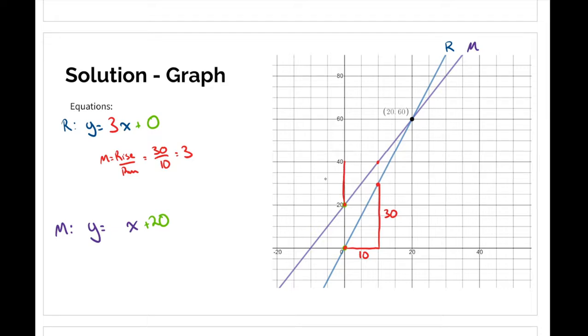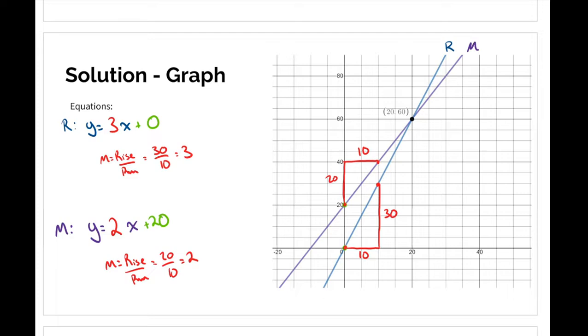So we go up 20, we run 10. In this case, m equals rise over run, or 20 over 10, which equals 2. So our multiplier is 2. And again, you may have gotten that rate from the equation.